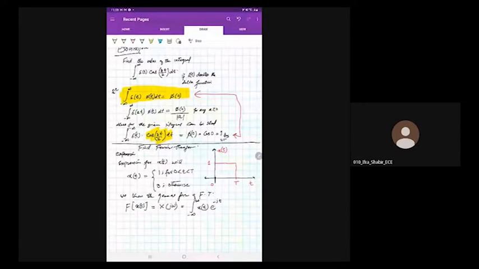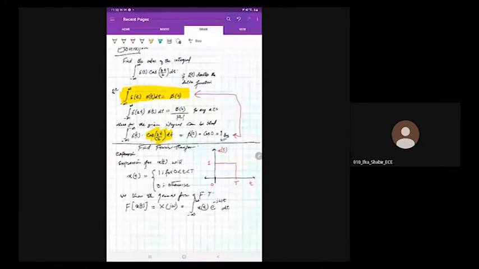Sir, e raised to the power minus j omega t. बिल्कुल, minus j omega t. Then what else I have to write down? dt. Yes, sir. So this is the general expression of my Fourier transform.